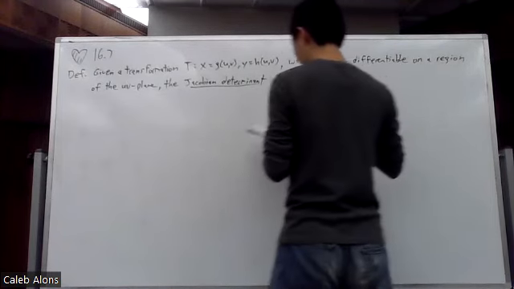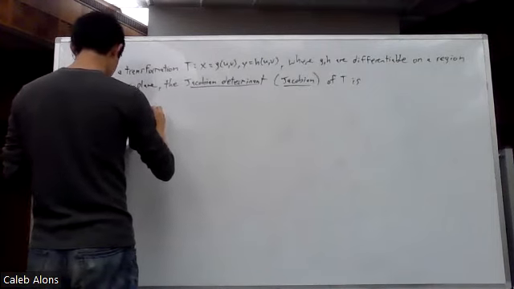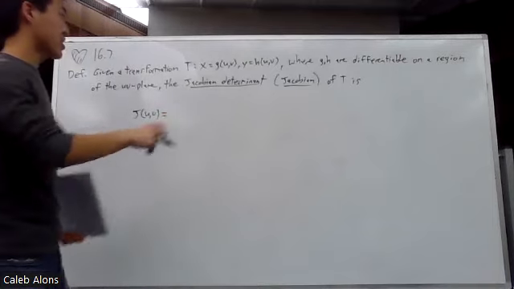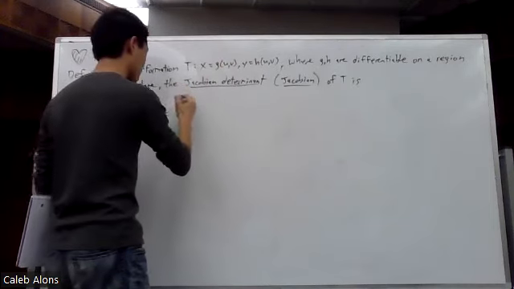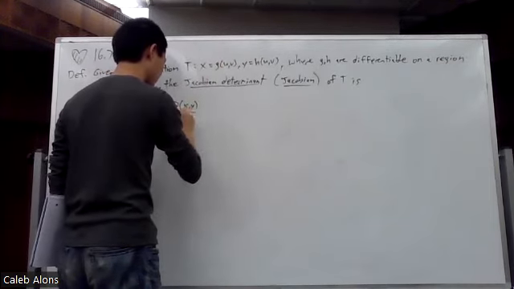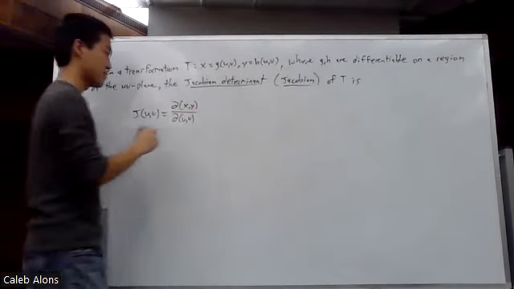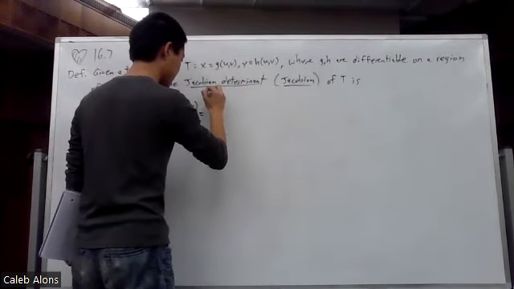So we say the Jacobian of T. We'll do something kind of interesting. We've got two variables X and Y. We're also trying to go into two variables U and V. So we're going to do this partial with X and Y, but then we also have partial for the two variables U and V. Determinant, that's basically what this is defined as.